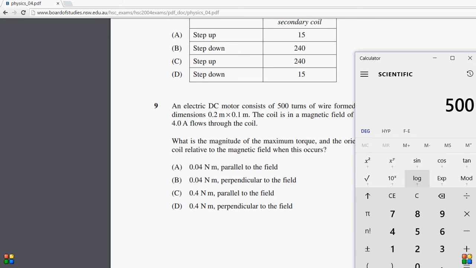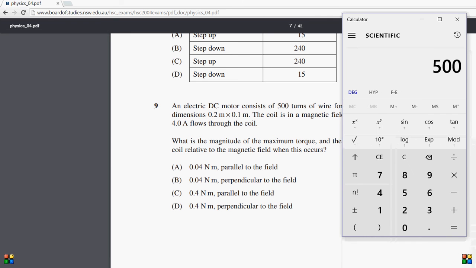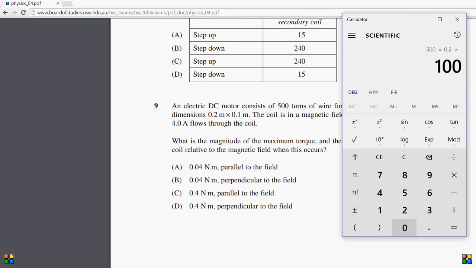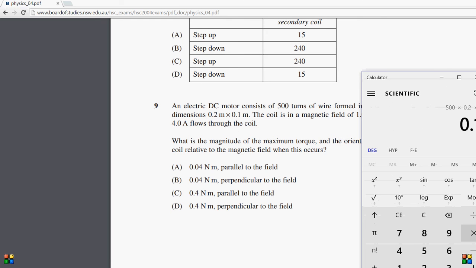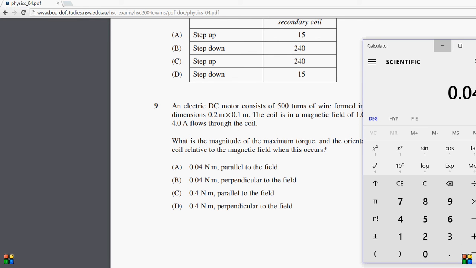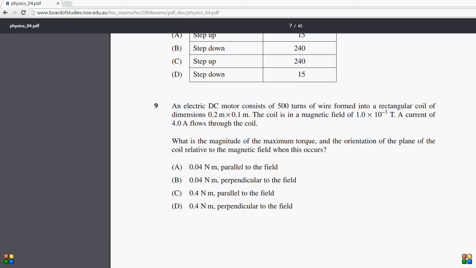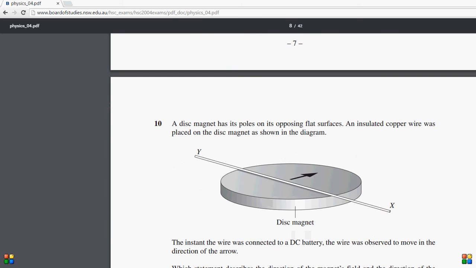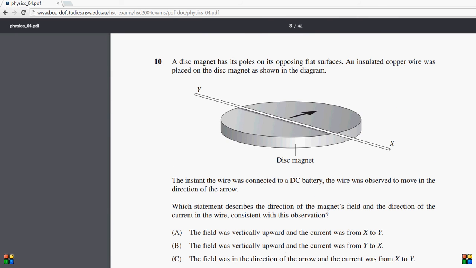Alright, so first term, 500 times 0.2 times 0.1, okay, times 4, and then divide by 1000. 0.04 Newton meters, so A. Okay.